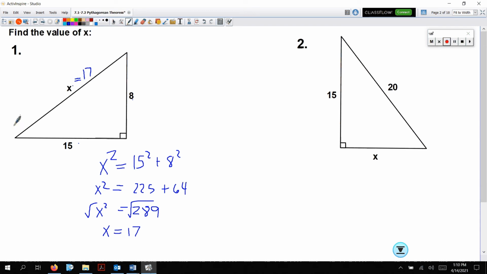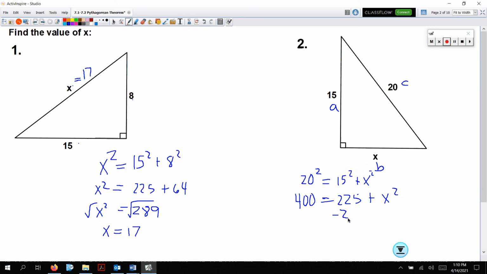Okay? Be really careful because sometimes the missing side isn't always the hypotenuse. So here in number 2, C, right? And then I'll just make this A, and this will be B. So C squared, 20 squared, equals A squared plus B squared, or 15 squared plus X squared. 20 squared gives me 400, equals 225 plus X squared, right?